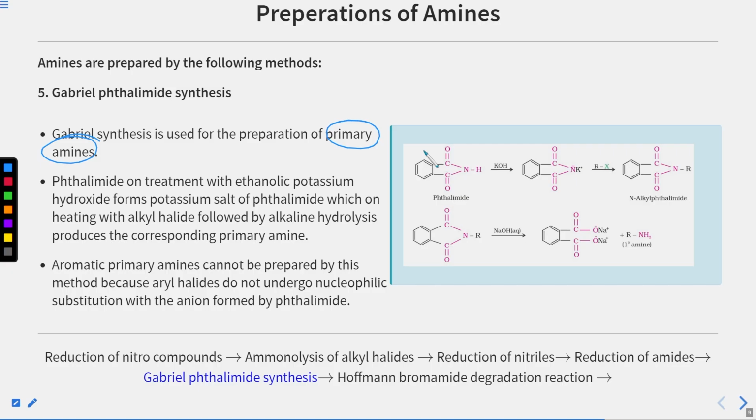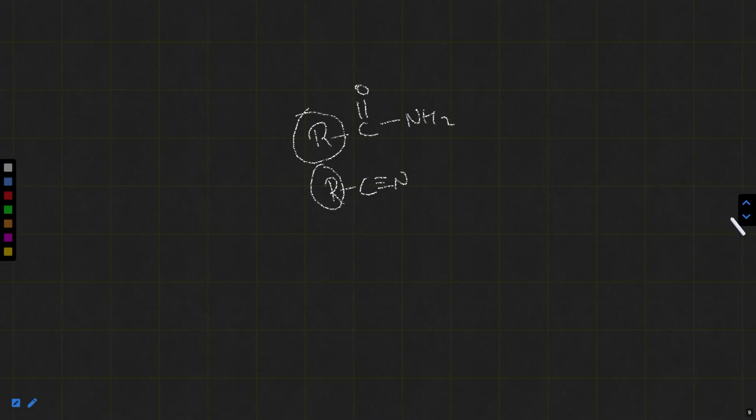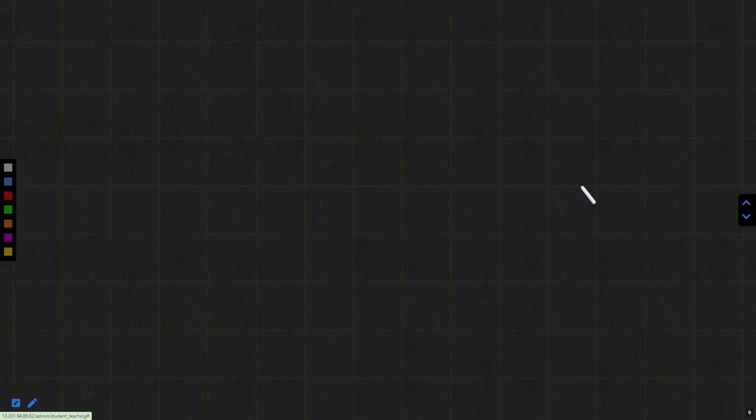We take a phthalimide. Now I would ask you how you would prepare this phthalimide. You must have seen this reaction earlier. Okay. So if you remember those reactions, if you take a phthalic acid, okay, and you treat it with NH3, what will happen?